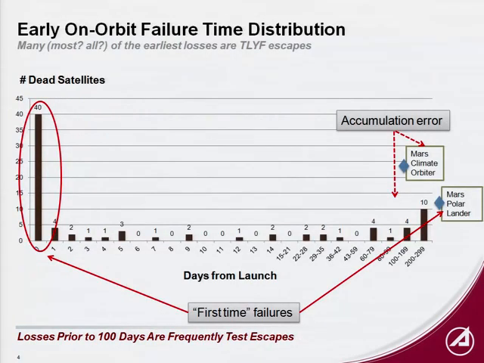When we talk about failures, we mean these things that happen right away. This is a day of launch or within a day of launch effect. There's a term that people use sometimes called infant mortality. This isn't about infant mortality like a part failure. This is about something is wrong because you didn't catch it. This is pretty much always an escape from the test program.